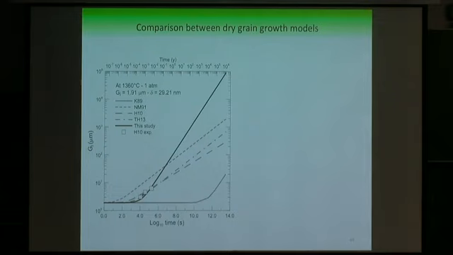So what I've done is I wanted to compare all the models that had been published in the literature, namely those that were fitted with the empirical grain growth law.